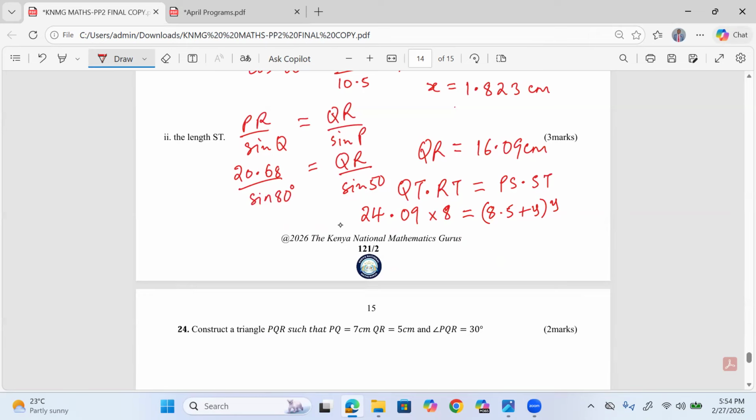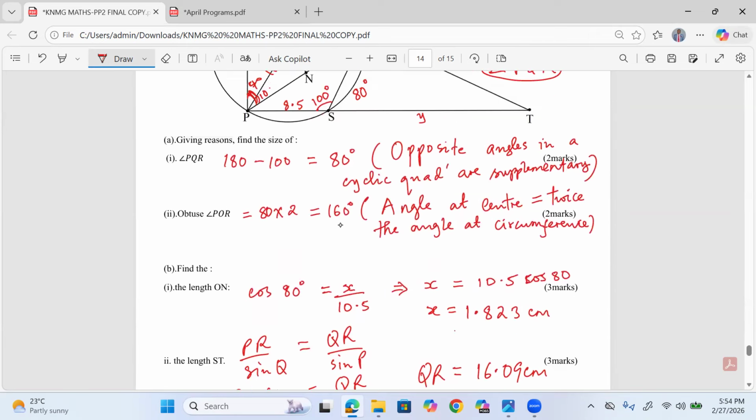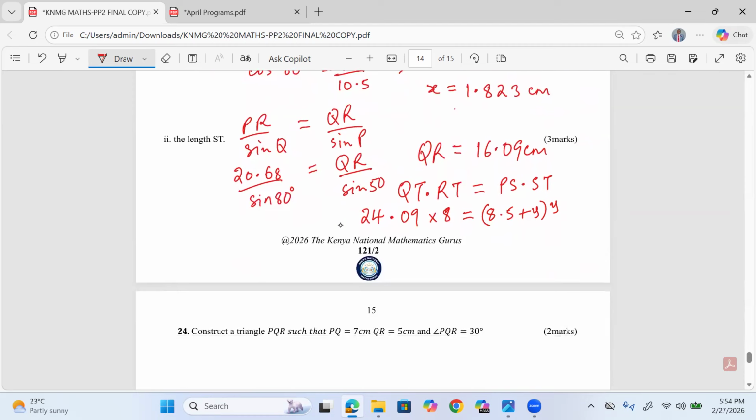So now what we are looking for at the end of the day is the value of Y. So this is going to be times 8. I'm getting 192.72, equals 8.5Y plus Y squared.